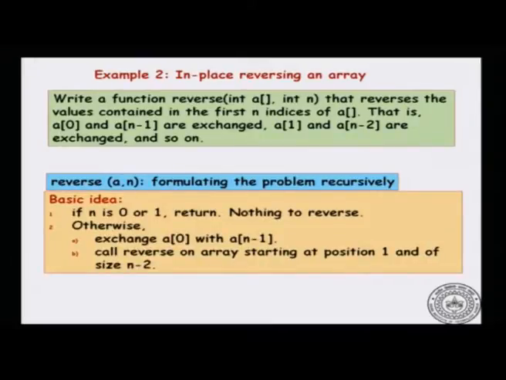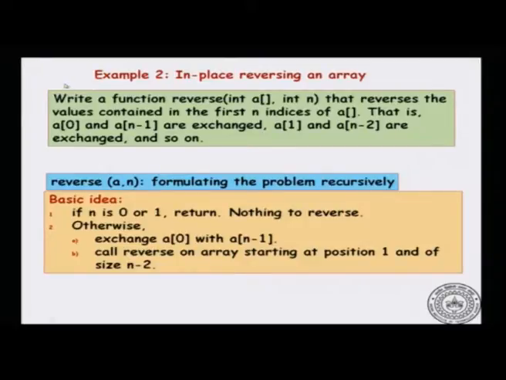Now, the basic idea of the recursive solution to in place reversal is the following. If n is 0 or 1, if the array is either empty or it contains exactly one element, then we do not need to do anything to reverse the array. Otherwise, it contains at least two elements.